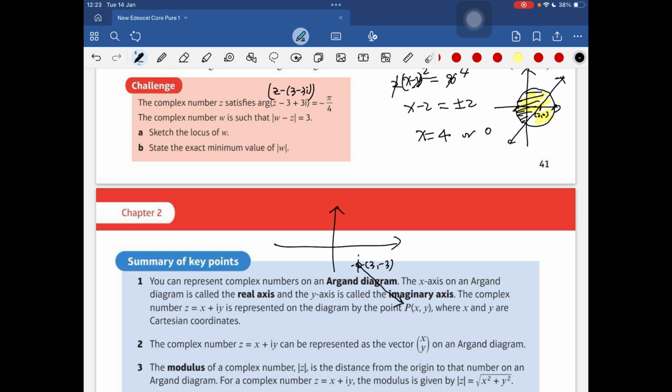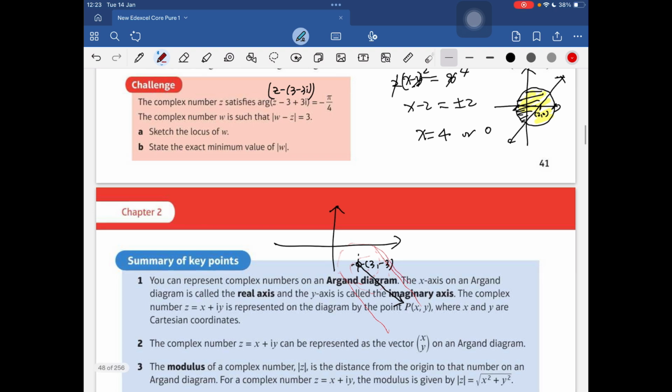And the second one is w minus z equals 3. So w is at distance 3 from z. So from z, 3 means, for example, if z is here, which is not true because it's not inclusive, but anyway, from there it's 3. Anywhere here is 3. So all these 3, like this.